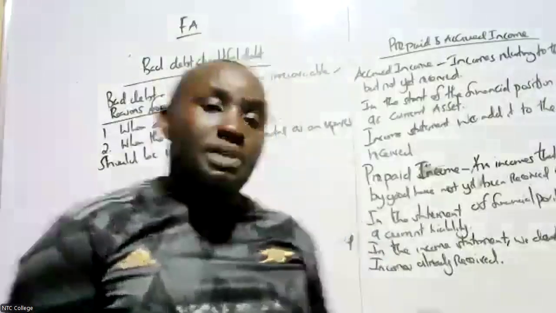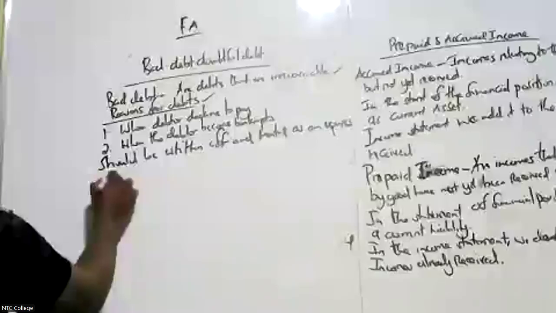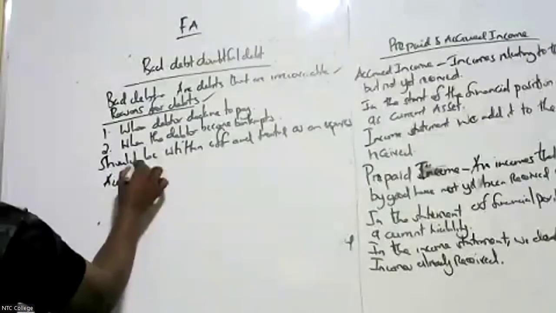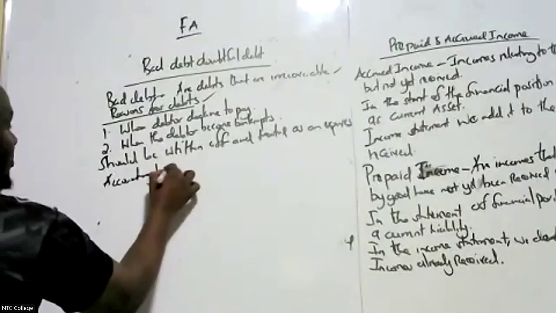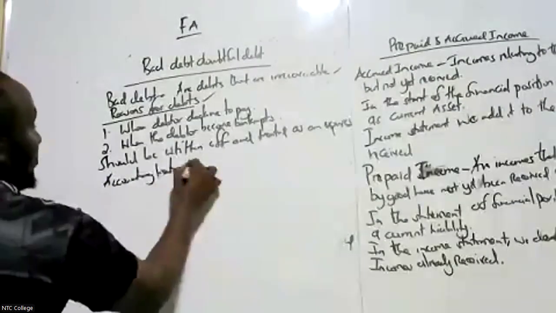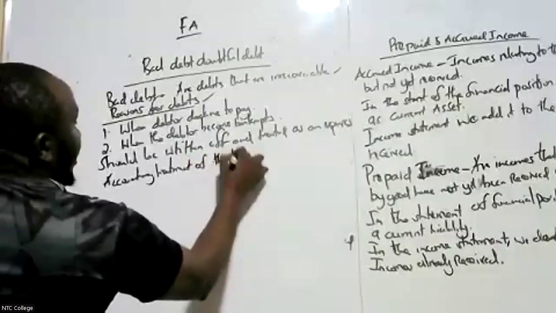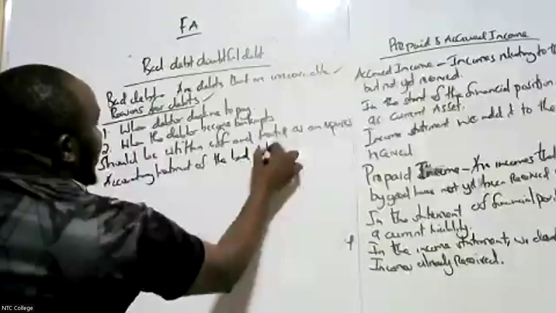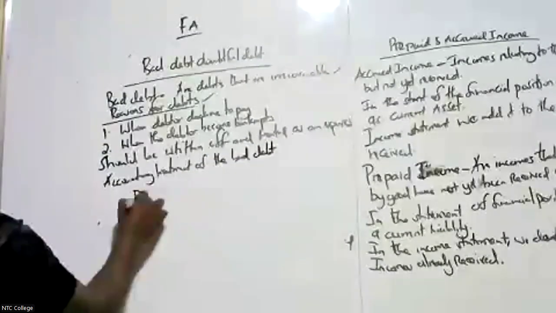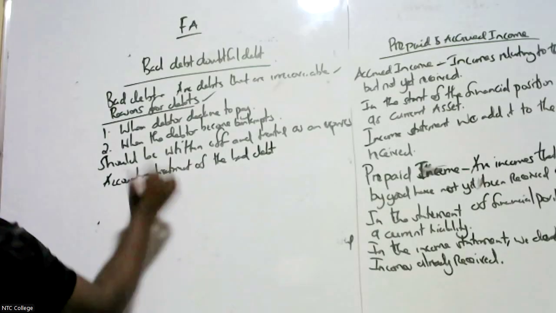So now the accounting treatment, the double entry accounting treatment of the bad debt. Because it's an expense, how would you treat it?